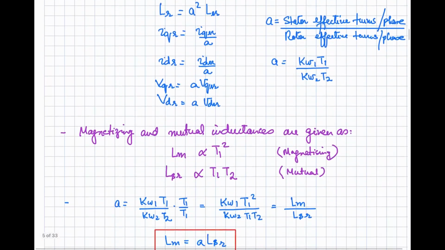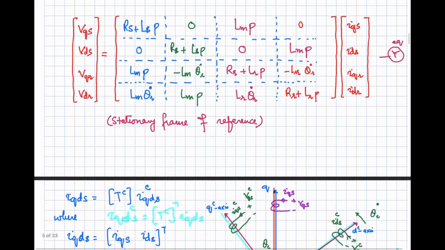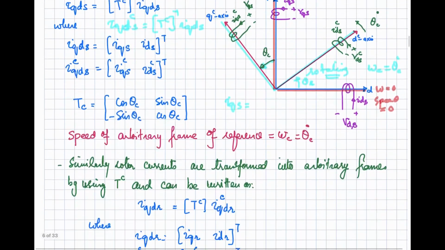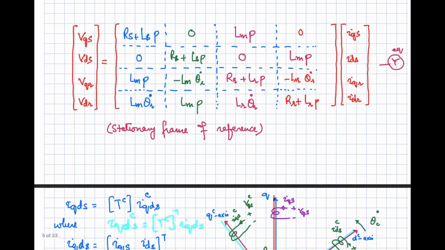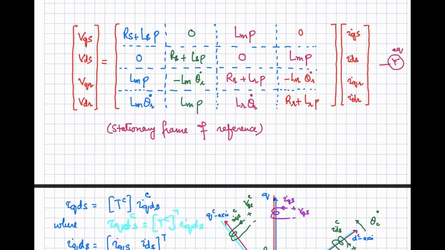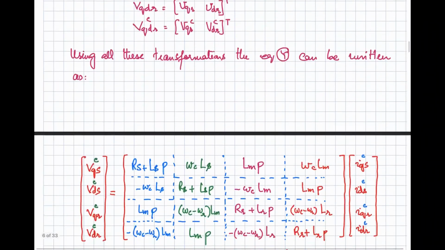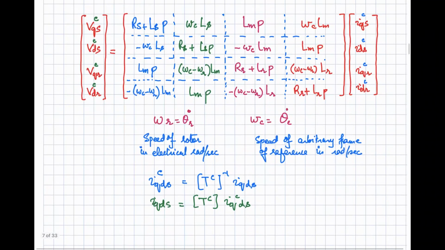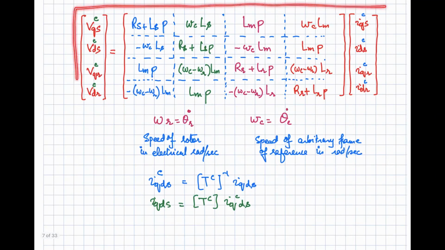So we will have to apply the transformation over all of these. If we apply the transformation, then this matrix equation, the voltage equation for the q axis and d axis of the rotor and the stator, will now be represented with the help of this matrix, right?